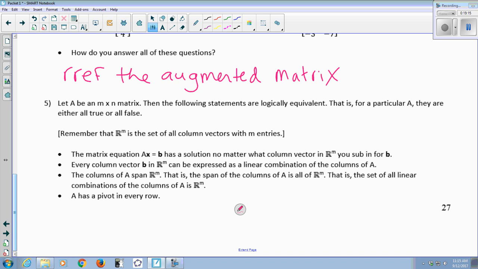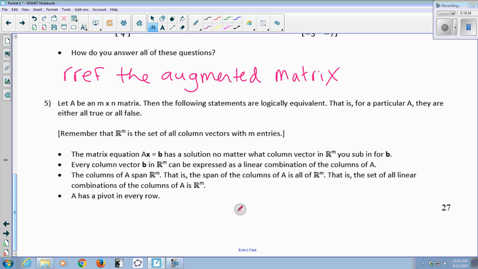That means that by putting scalar weights on the columns of A and adding them together, you can build all of Rm.